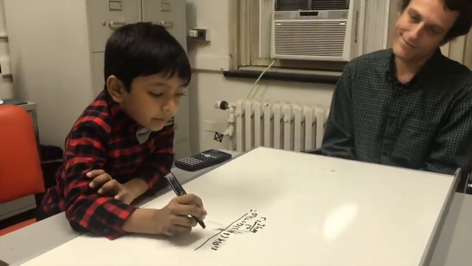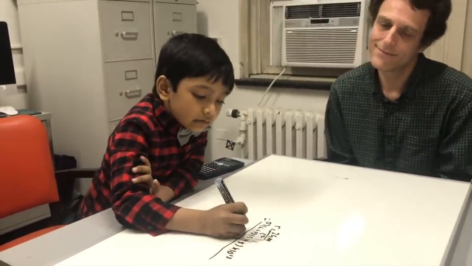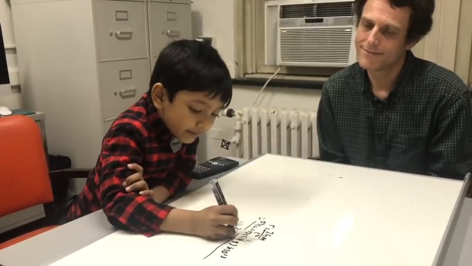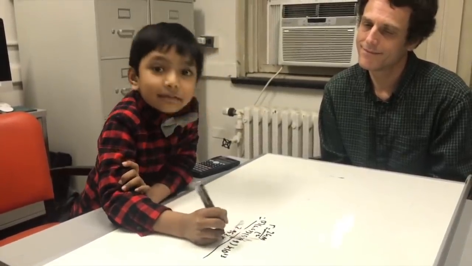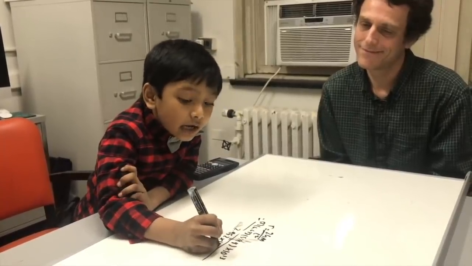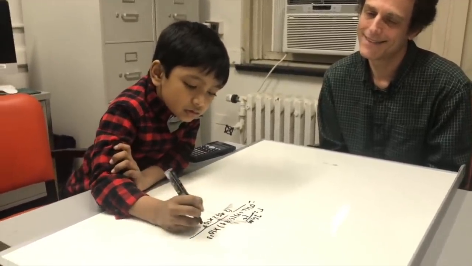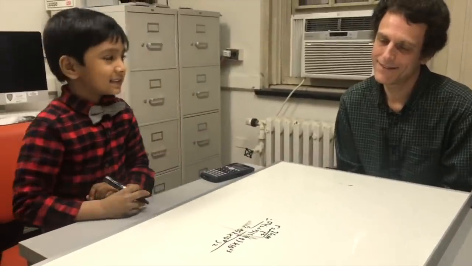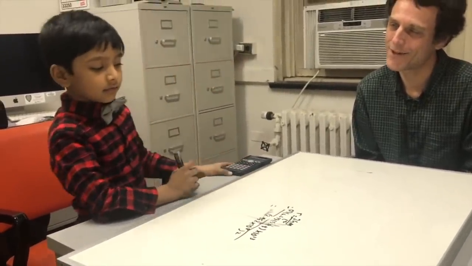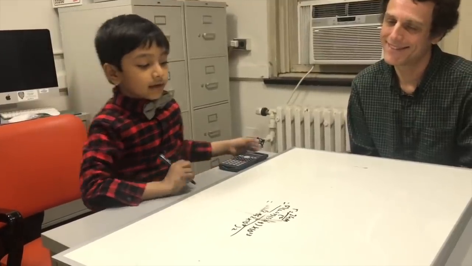So the top is basically the same, but the bottom isn't. So 3 times, actually 2.952 times 10 raised to the 8, squared. Oh, very good. So that's the Schwarzschild radius for the black hole.